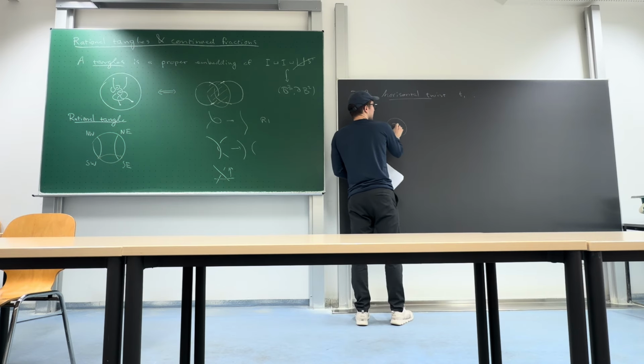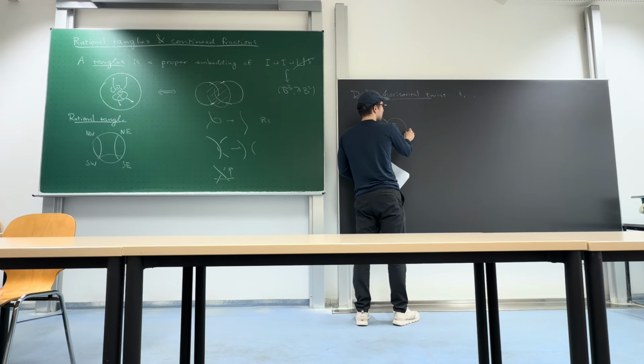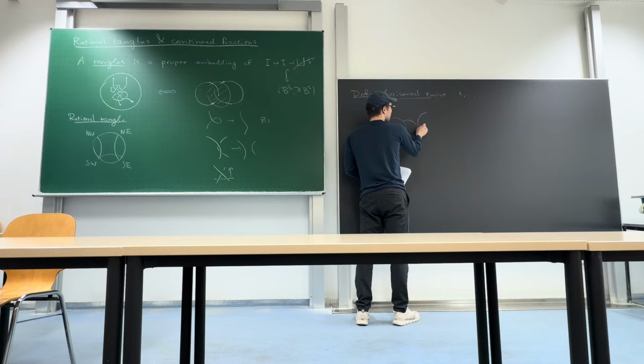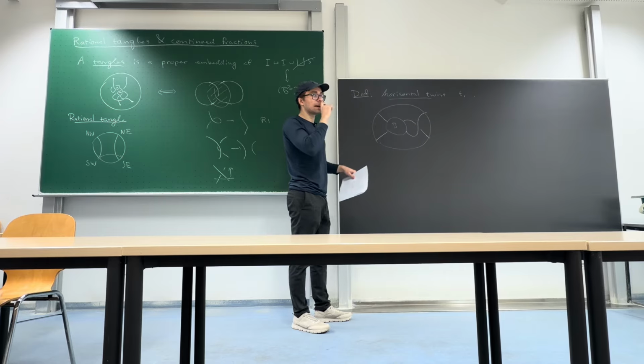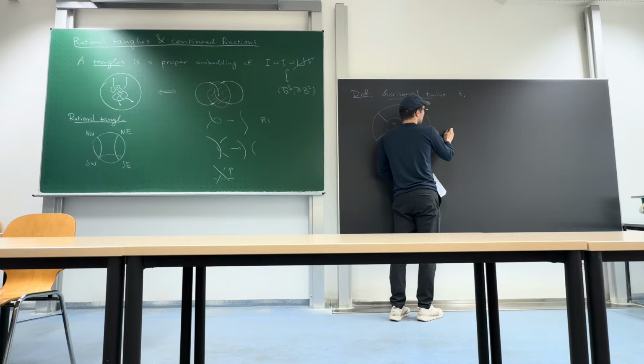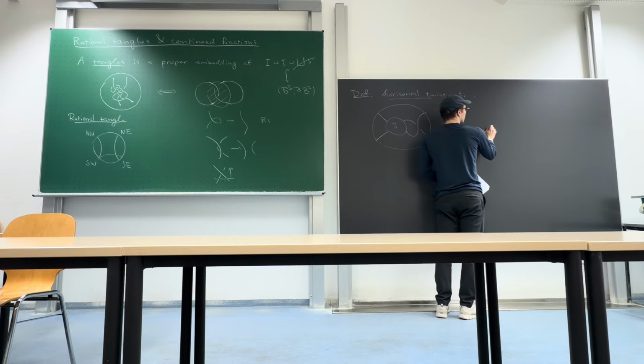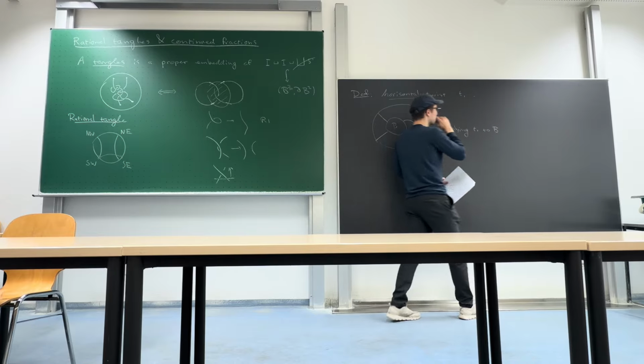We have some sort of tangle here, and then we're taking the southeastern strand and crossing it over. So this is our tangle diagram, and this is applying T1 to the tangle B.